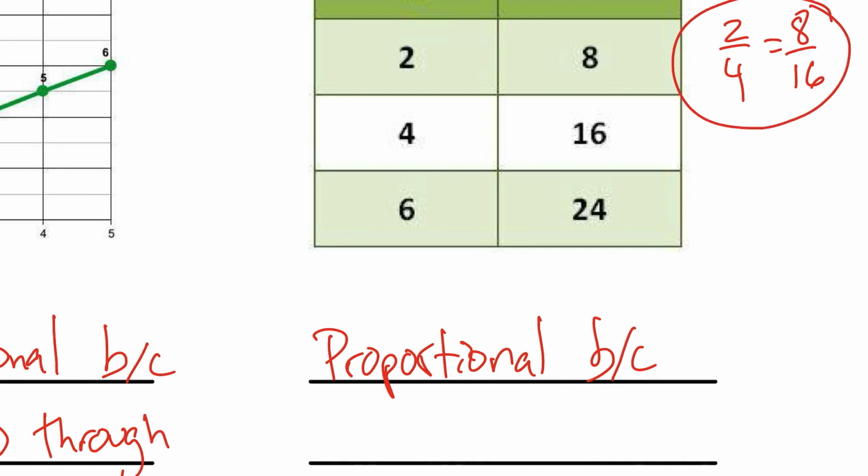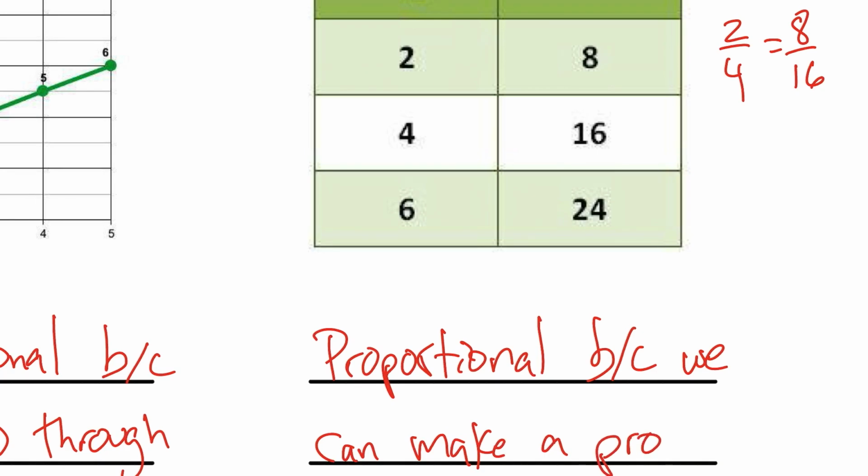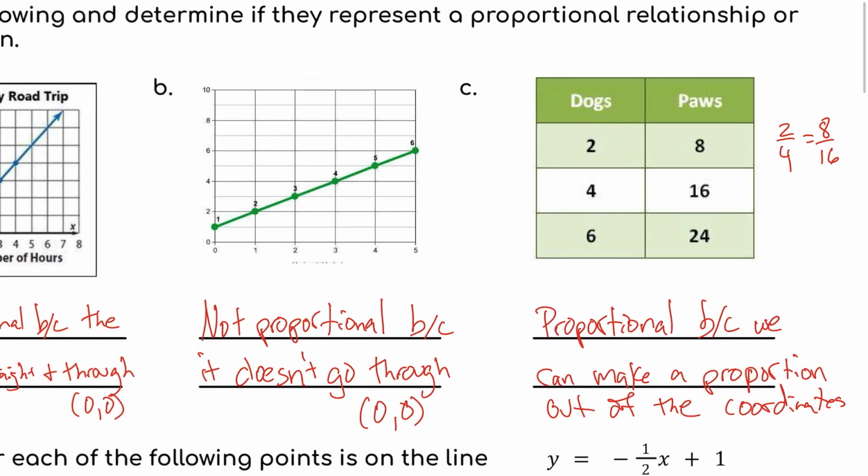The equal fractions are a proportion. Out of the coordinates. And if you were to graph this, you would see that it would draw a line right on through.